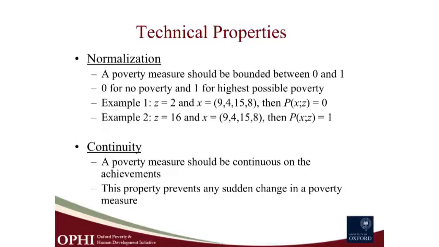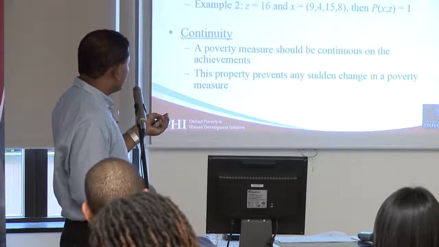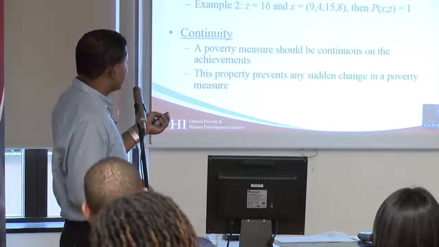And finally, the continuity. I am not going too far with this property, but the main idea is that this particular property prevents sudden jumps in the poverty measure. Suppose head count ratio, for example. If you have, say, these 4 incomes that I was using earlier, suppose here 4, 9 and 8, 15.